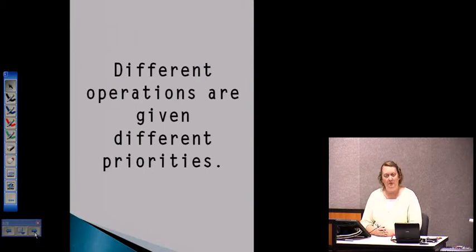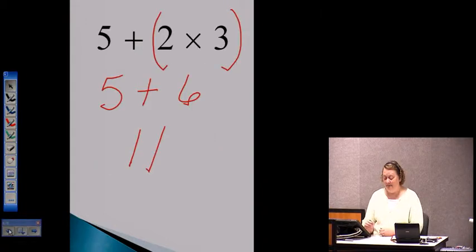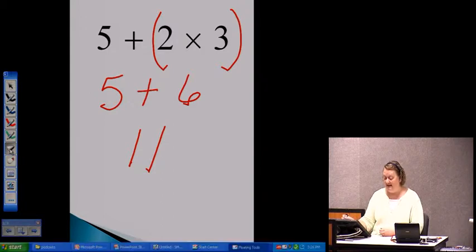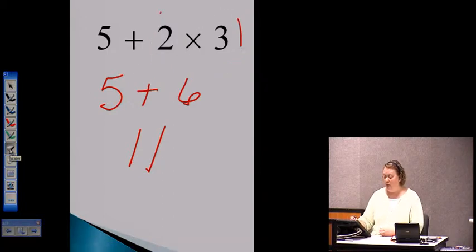So different operations are given different priorities. We have a decision to make about what those priorities are. So someone a long time ago decided that there were ways to tell which order of operation was correct.